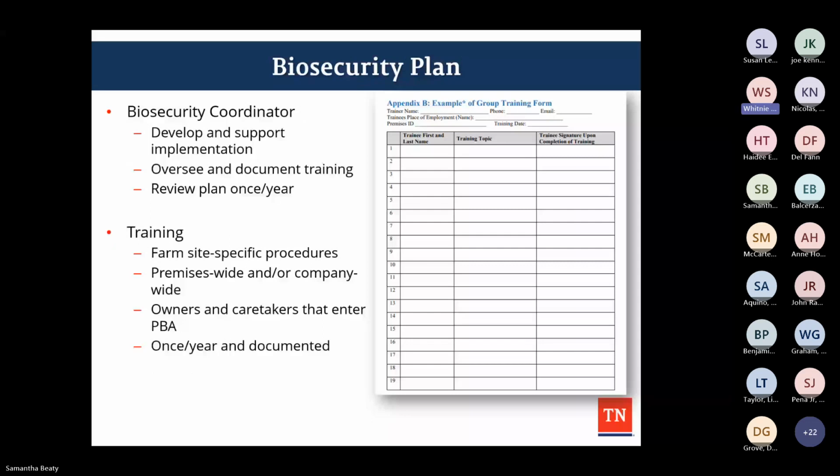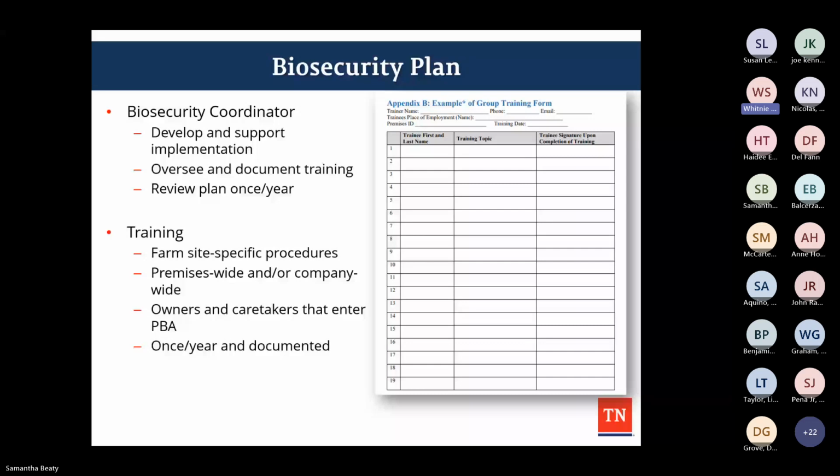So first and foremost, identifying who is responsible for the biosecurity plan. So making sure to identify a biosecurity coordinator. This is going to be the person that helps develop and implement the plan, oversee documentation and training, reviewing it, updating it, having that one person to kind of help coordinate the overall biosecurity, but also making sure that it's getting implemented on the ground level.